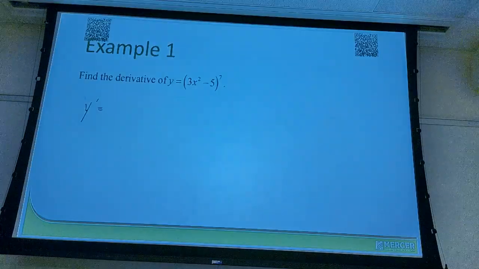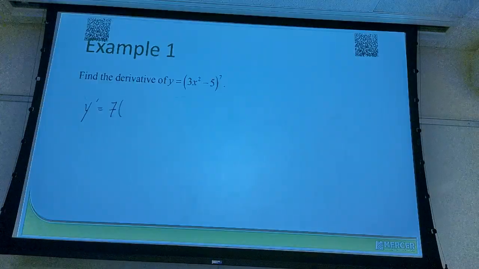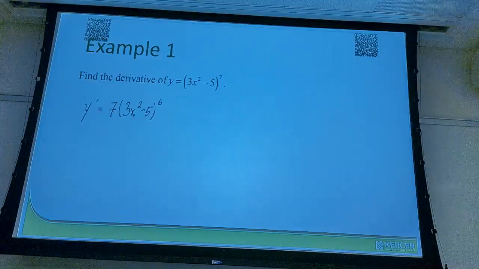Bring the 7 down, minus it by 1. Now go one step in. Then you take the derivative of what's inside. So what's inside? The 3x squared minus 5.